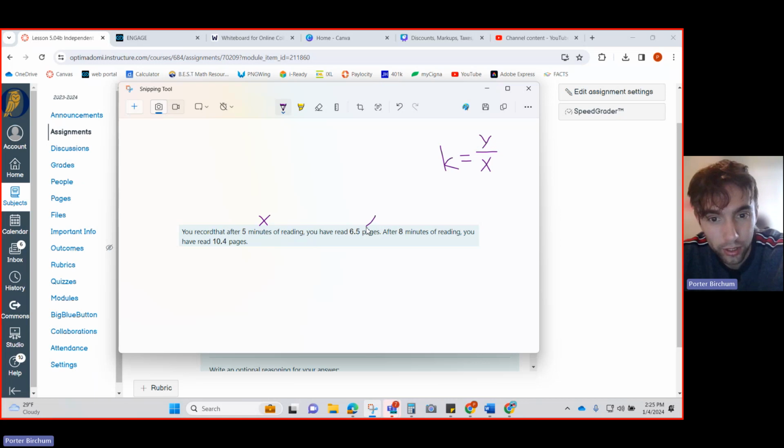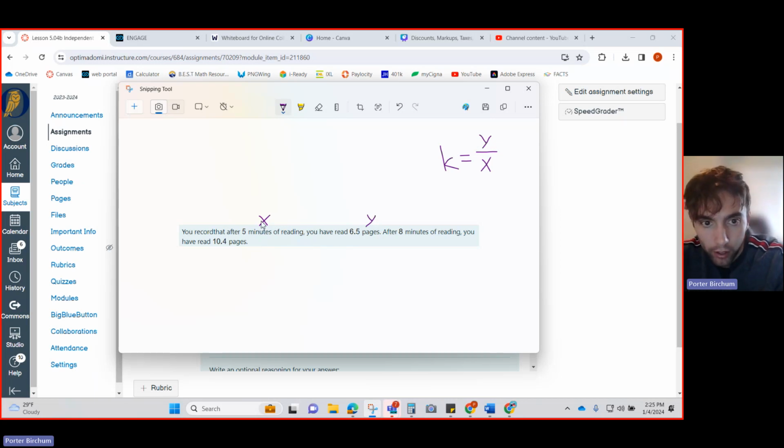You are not choosing necessarily how many pages you're reading, because if it were up to you, you'd probably choose to read 100 pages in 1 minute, but you can't do that. So instead, you are choosing how long you're going to read, and the number of pages depends on how long you've been reading.